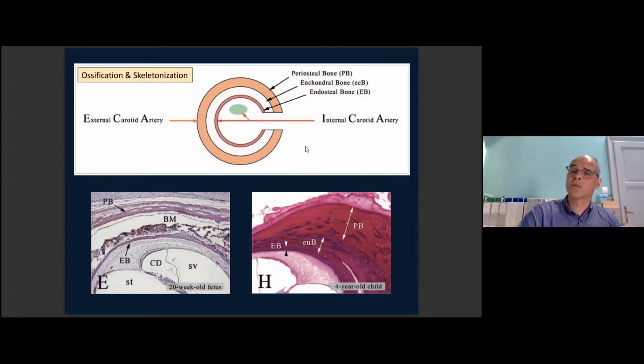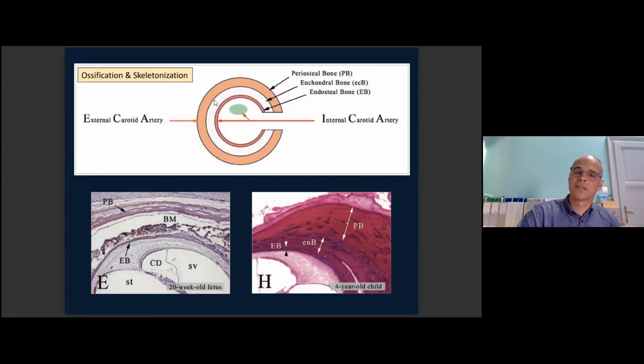If we speak about the blood supply of this bone, we can say the internal carotid artery is the supplying artery of the most inner layer. This is the endosteal bone. The outer layer is supplied by the external carotid artery from the tympanic cavity.